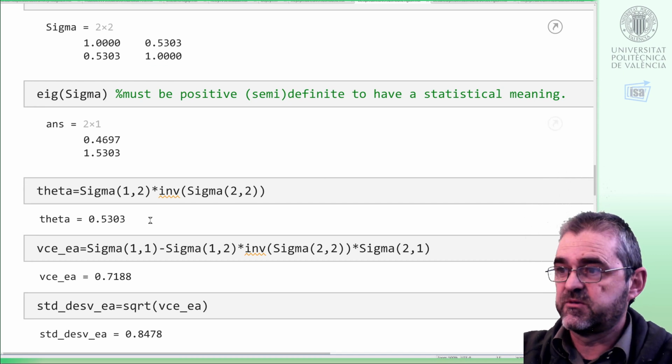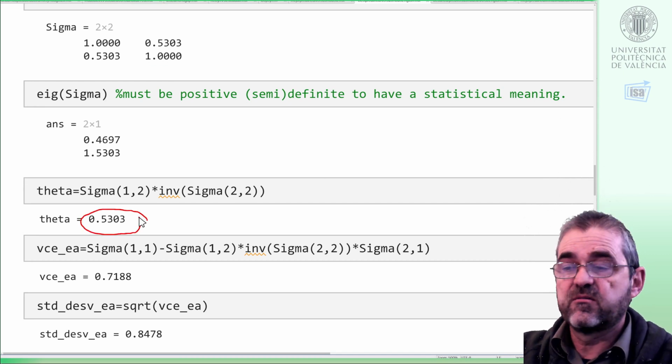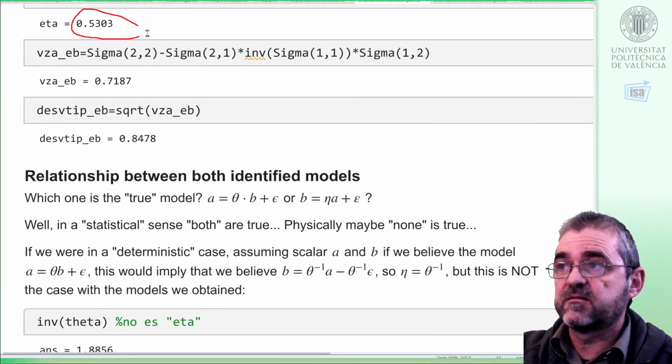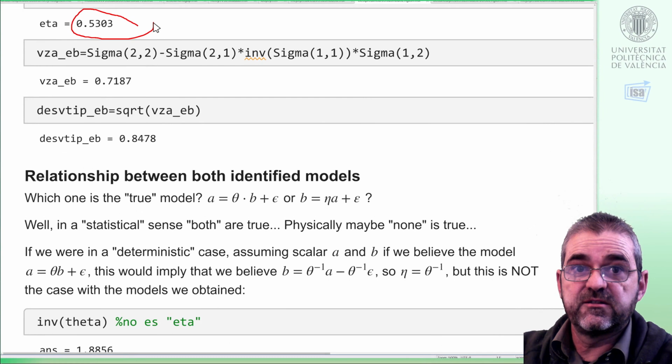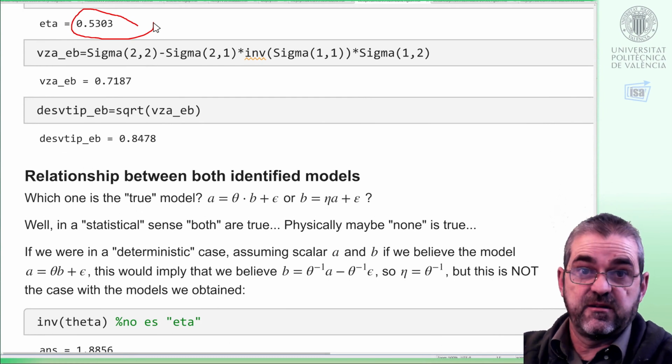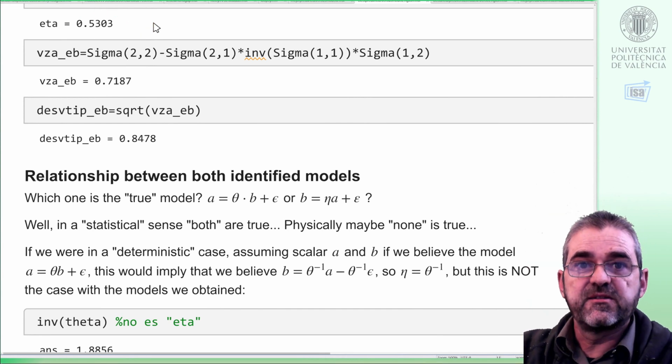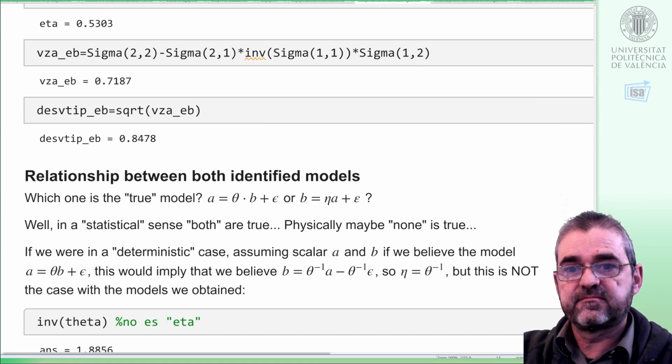So we have theta equal to 0.5 and eta equal to 0.5 as well. One is not the inverse of the other. In fact, they are the same number. This is the trickiness of the inverse in a statistical sense.